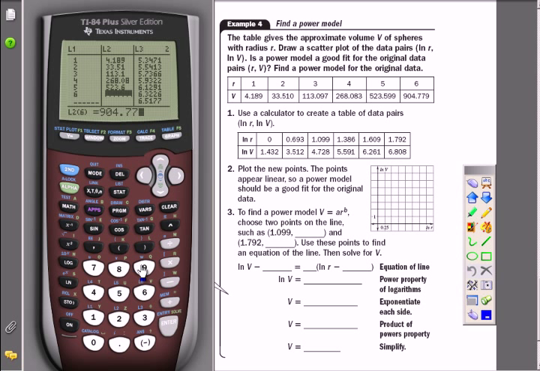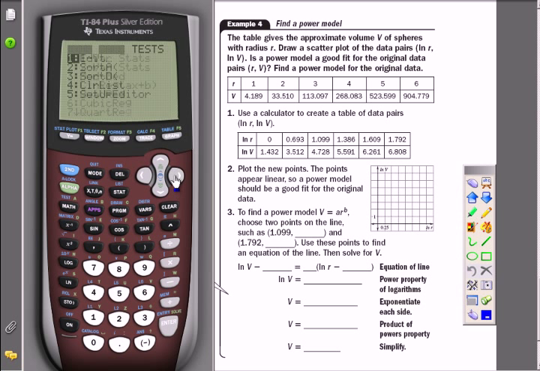So what's wrong with this? Mine doesn't look like yours. So we're trying to find a power regression for list 1 and list 2. So we're going to do stat, calculate, down to power regression. And it automatically defaults to list 1 and 2. So if you put things in list 1 and list 2, it will automatically go ahead and give you your power regression for that.